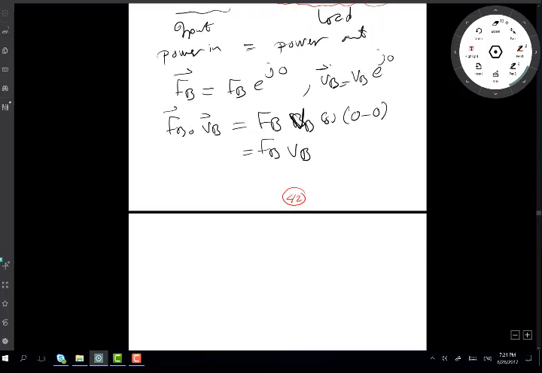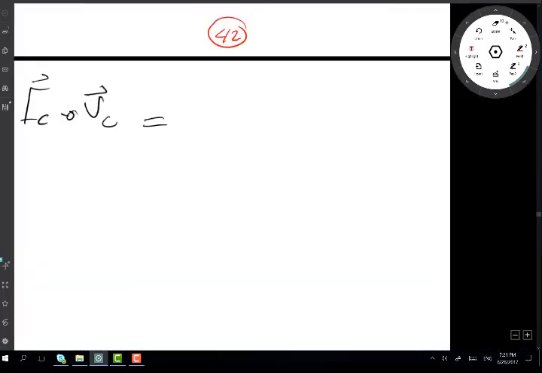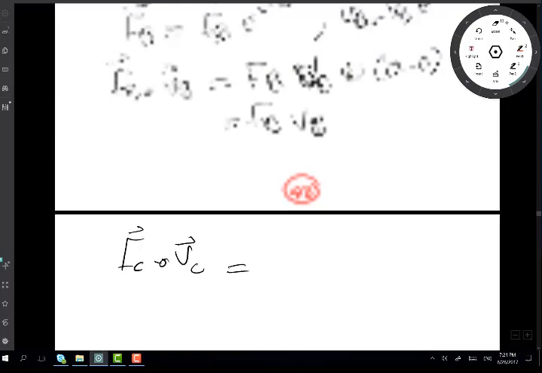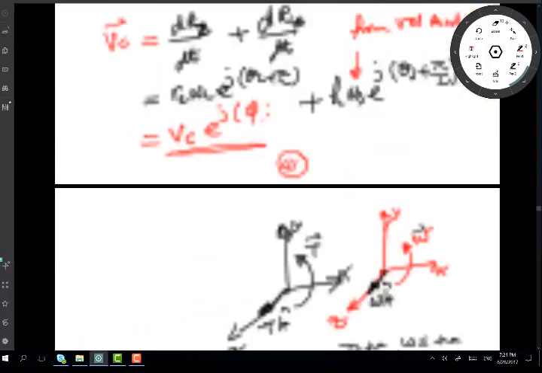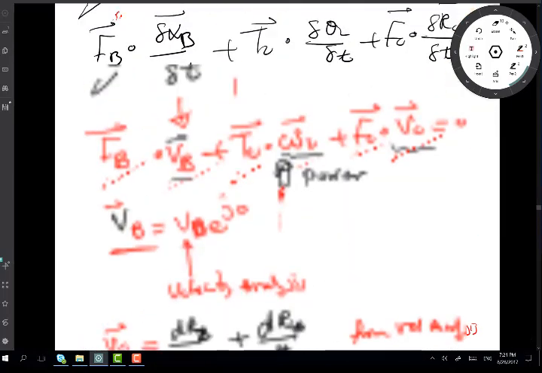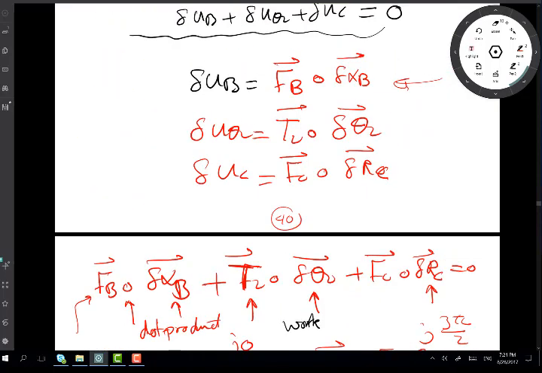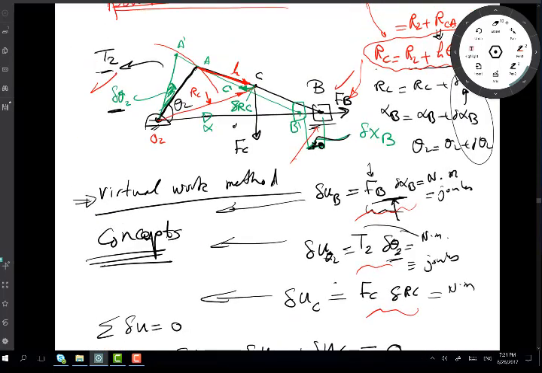What about the C? Now FC dot product VC. FC was equal to mg or some load, some force FC downwards. Let's have a look at it. So here I have the FC downwards.